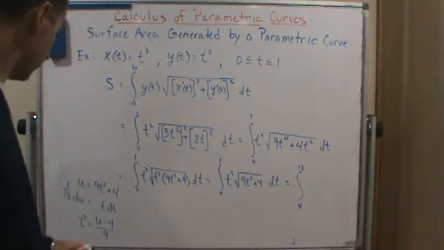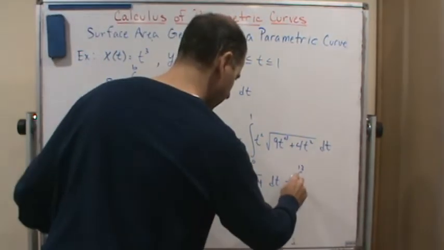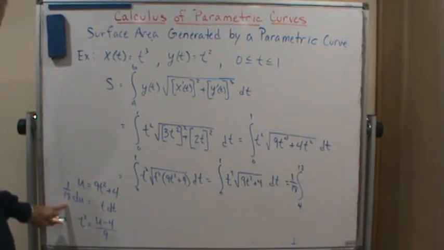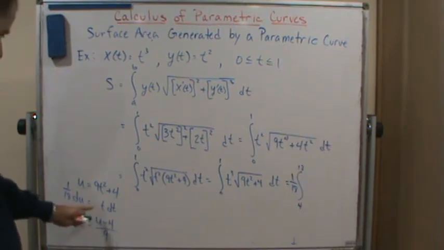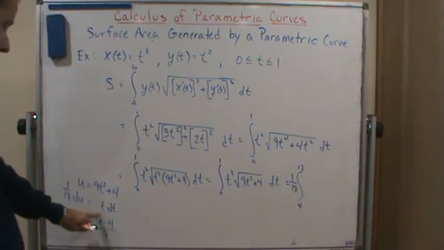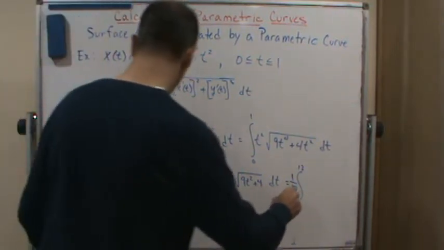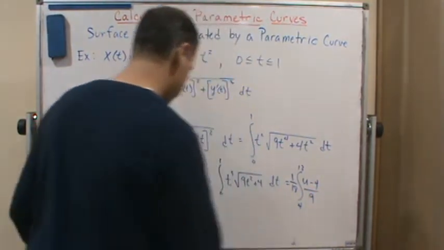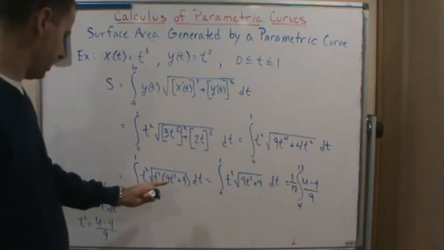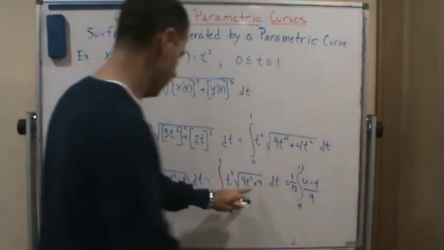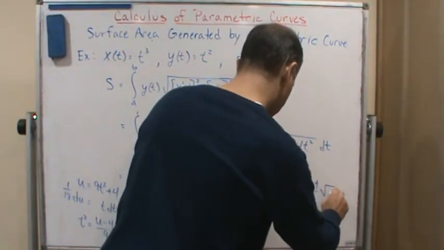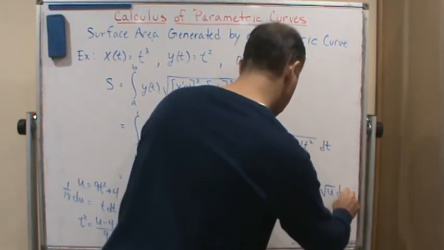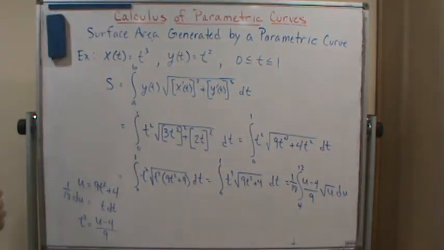And so now this becomes 1/18th du, and then I'm going to get u minus 4 over 9 times the square root of u, du.